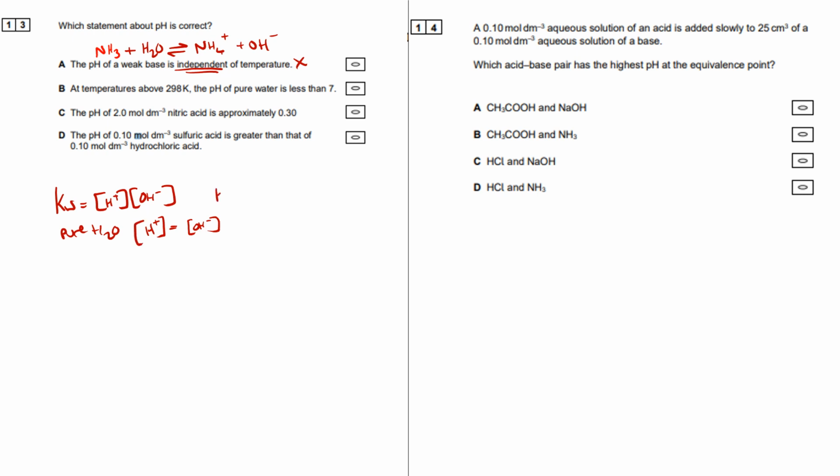Because again, in pure water, water dissociates to form hydrogen and hydroxide ions at a 1:1 ratio. So in pure water, because H plus equals OH minus, we can simplify the Kw expression to give us Kw equals H plus squared. Therefore, H plus in pure water is the square root of Kw. Minus log your answer to get the pH.